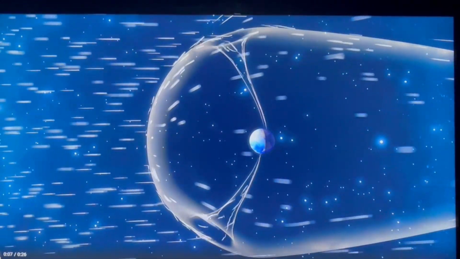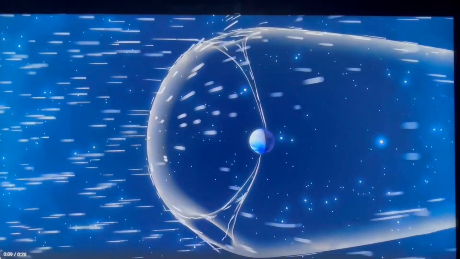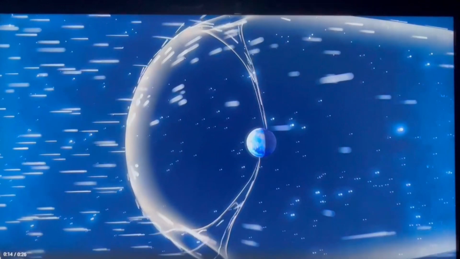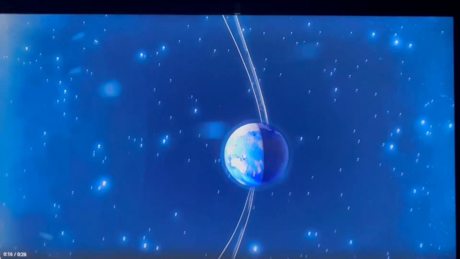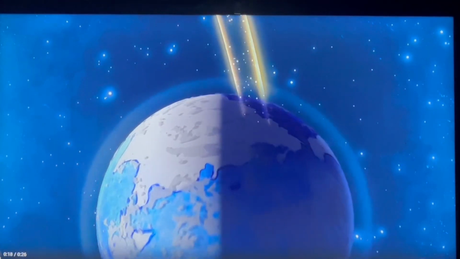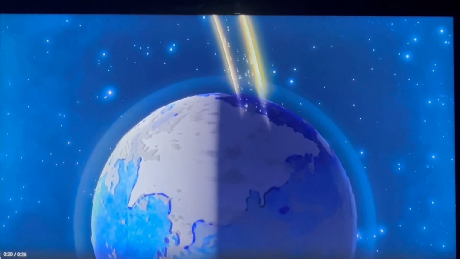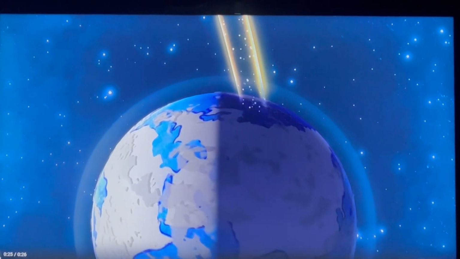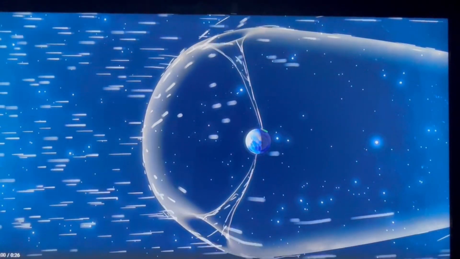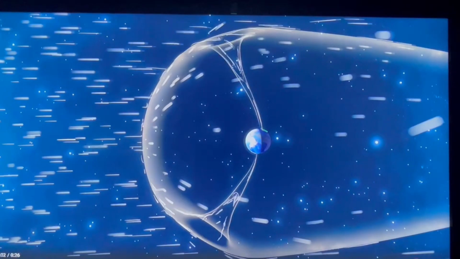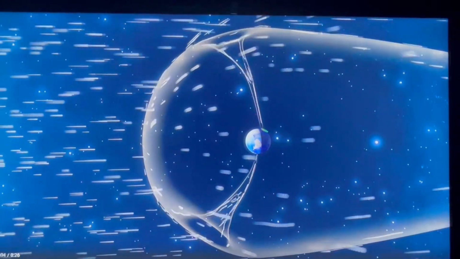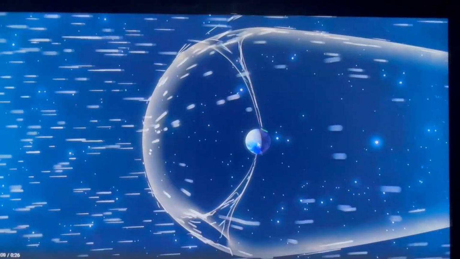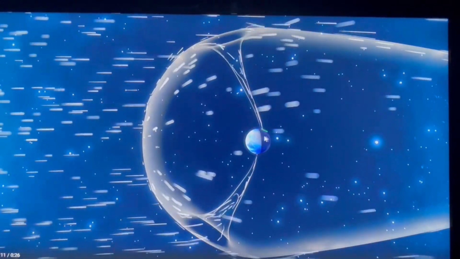I want you to pay attention where NASA places the magnetic poles. They are placing magnetic north already in Siberia. And when the highly charged particles enter our atmosphere and interact with the atmospheric atoms, they create what's called the northern lights or the auroras.